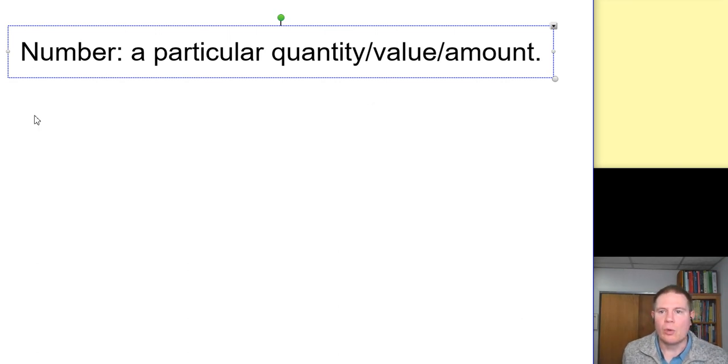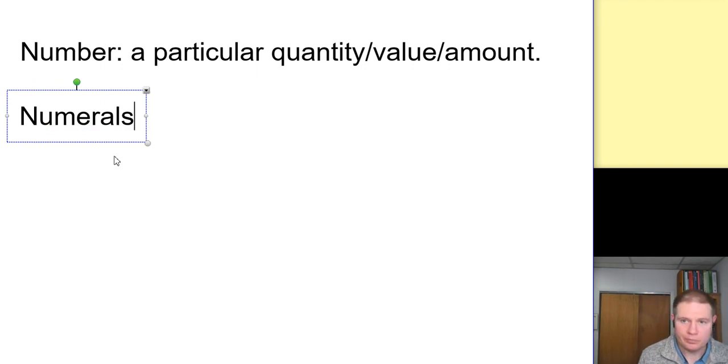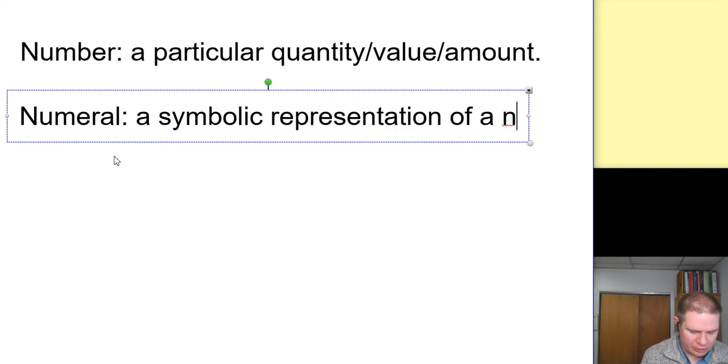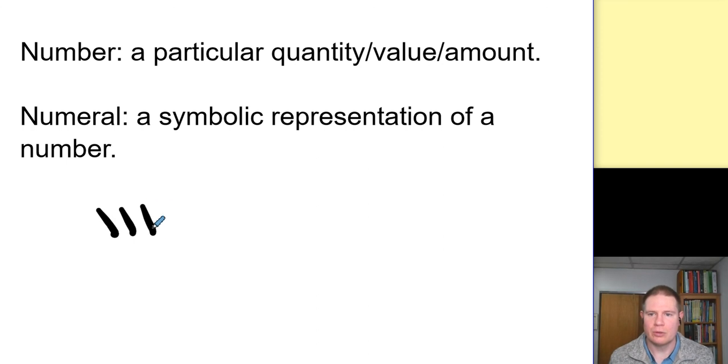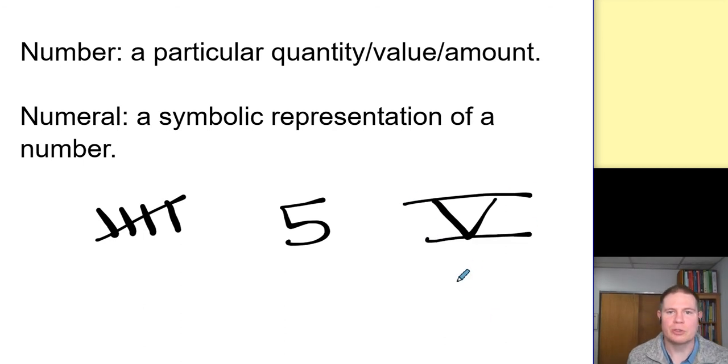What we're often doing when we're talking about numbers is dealing with numerals. And a numeral is a symbolic representation of a number. Right? So when I say 5, I could say 5 this way, or I could say 5 this way, or I could say 5 this way. Most of us are familiar with all three of those representations of this number.